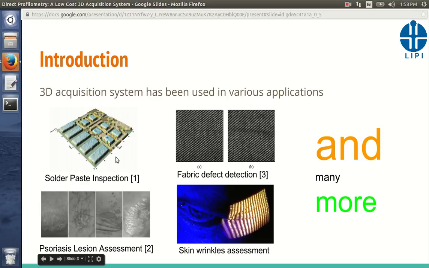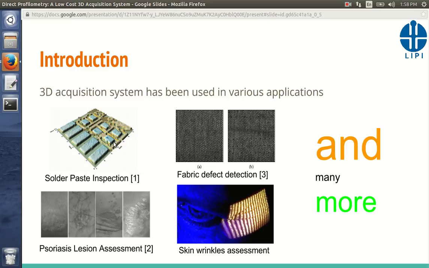Because we have smaller and smaller electronic devices, this application is important. Now solder paste is not like how we commonly solder electronic components.